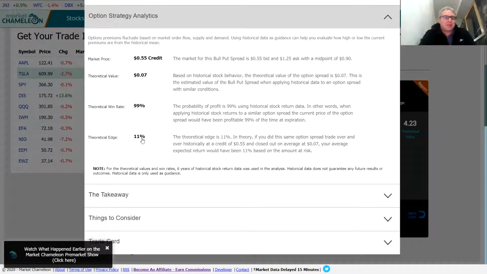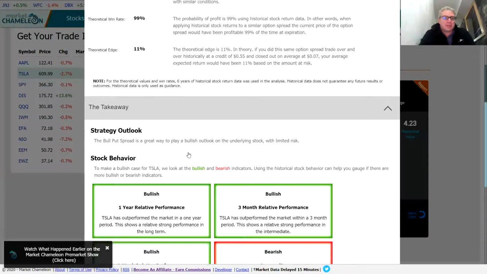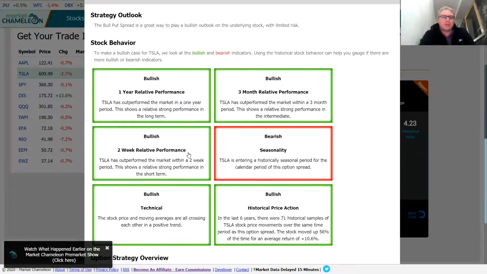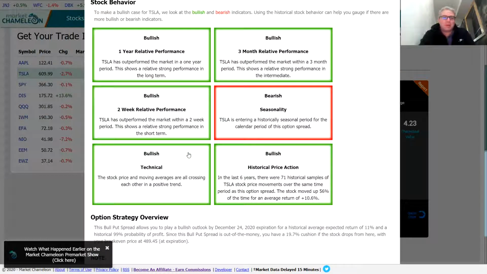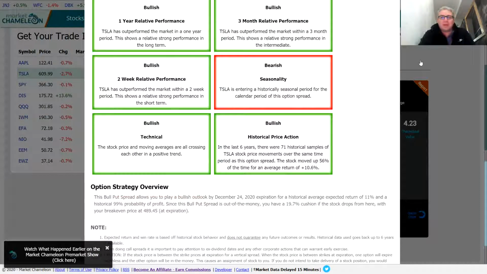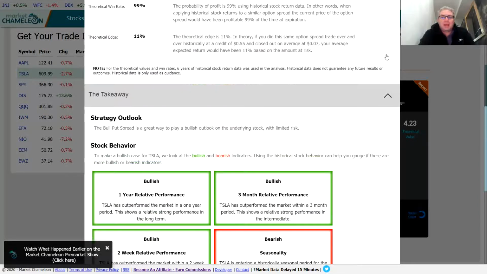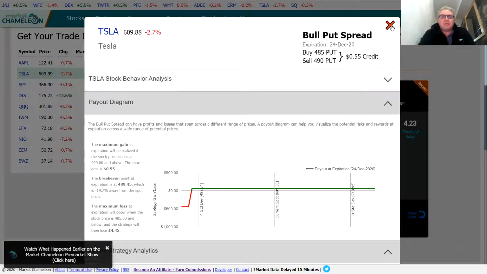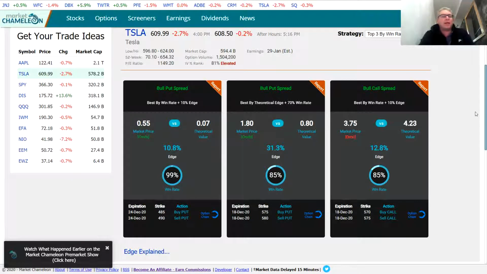Theoretical edge of 11%. You can read the takeaway, strategy outlook for Tesla: bullish, bullish, bullish, one bearish, bullish, bullish, all that good stuff. I use this software every day, all day long, and I won't say I swear by it, but it's like sliced bread. It's better than sliced bread.